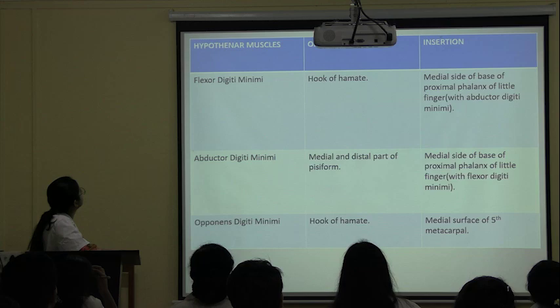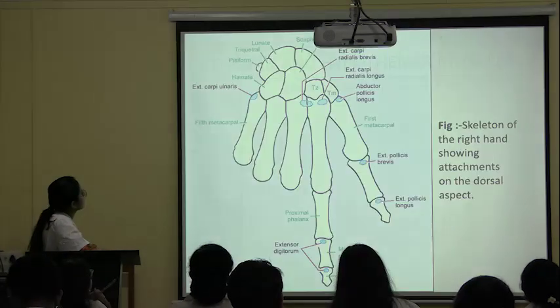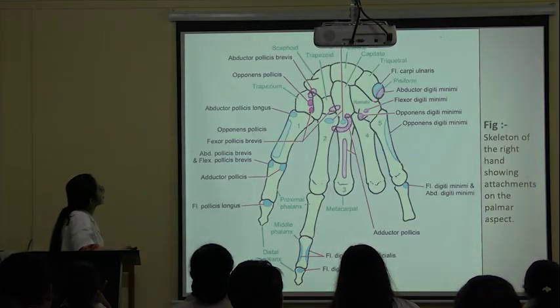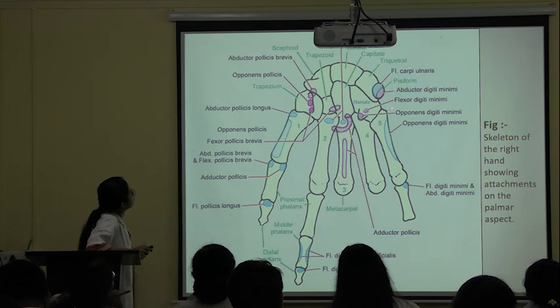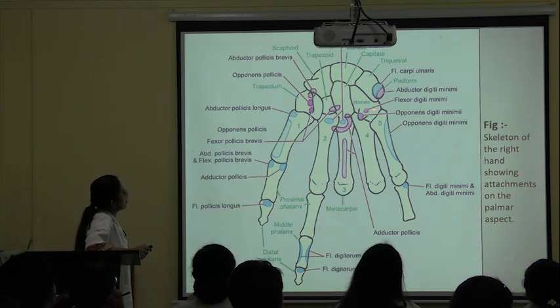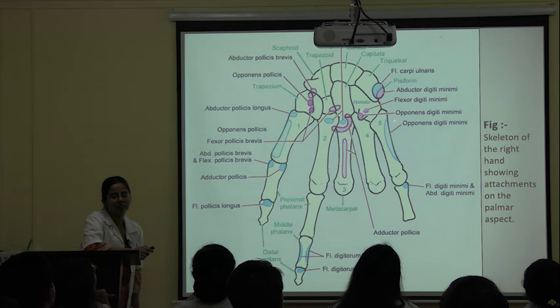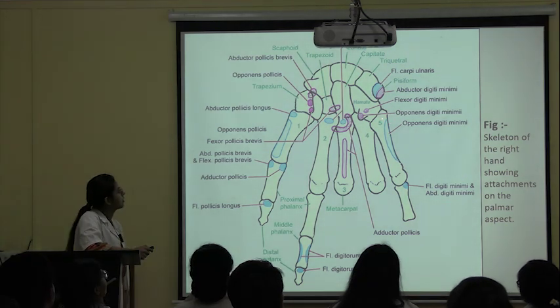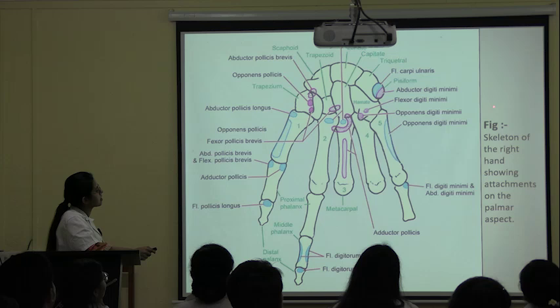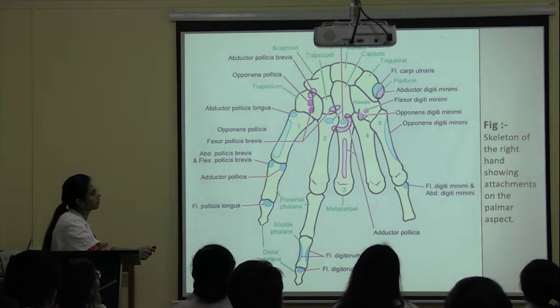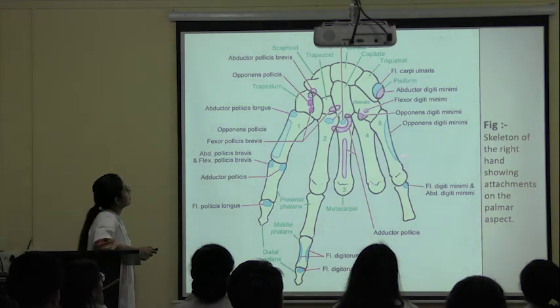Now again, see, flexor digiti minimi is originating from the hamate, the hook of hamate. Opponens digiti minimi also from the hook of hamate, clear?